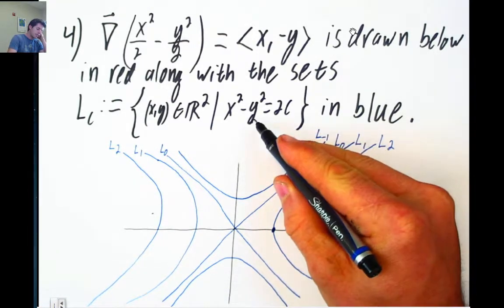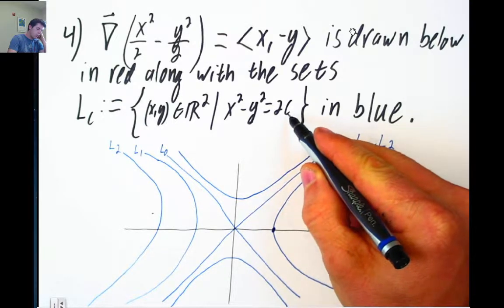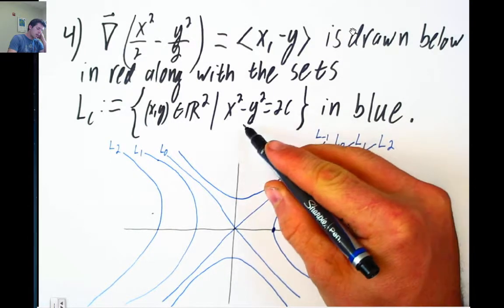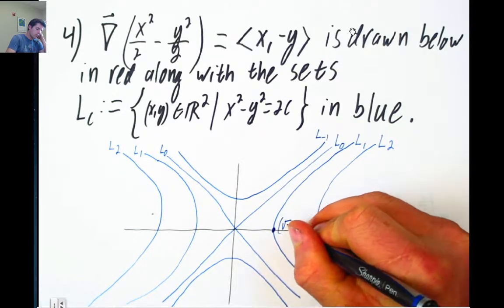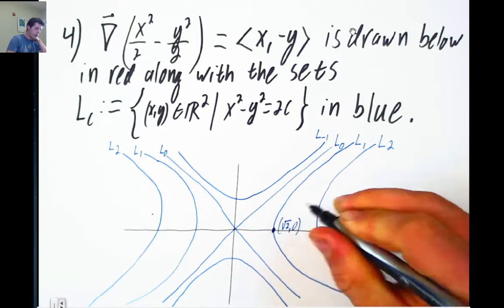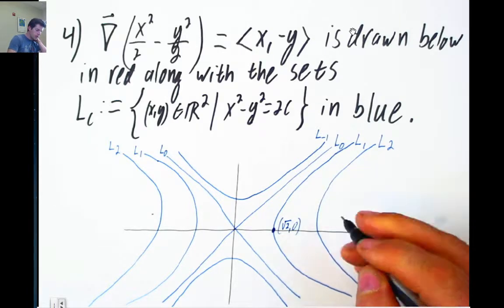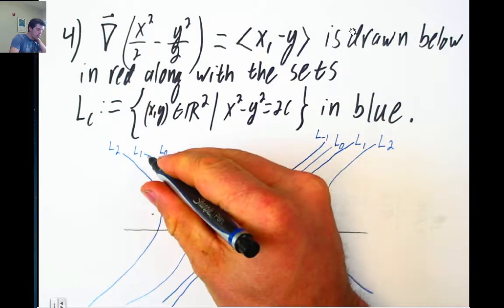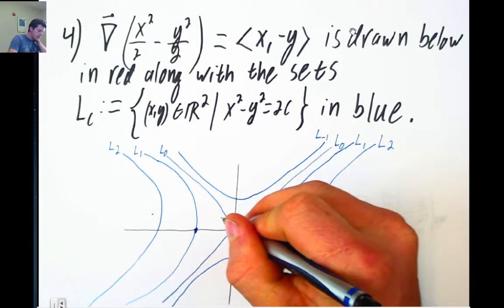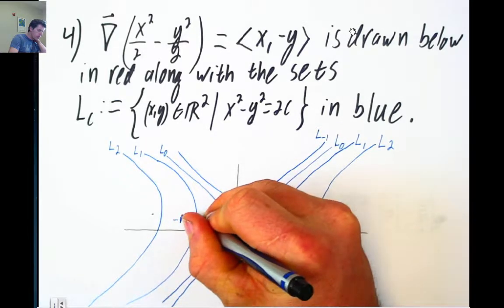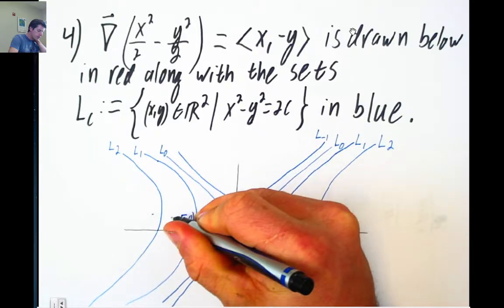When y is 0 and c is 1, x squared has to be 2, so x is the square root of 2. The point square root of 2, 0 is on L1, and similarly on the other half of L1 I have the point negative square root of 2, 0.